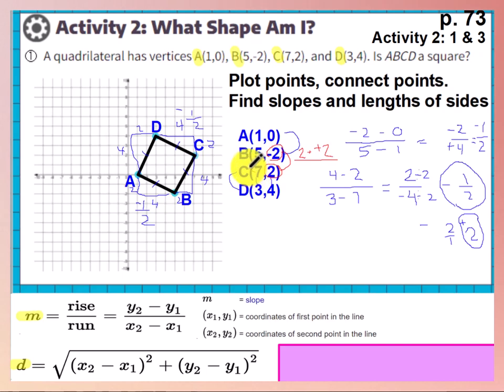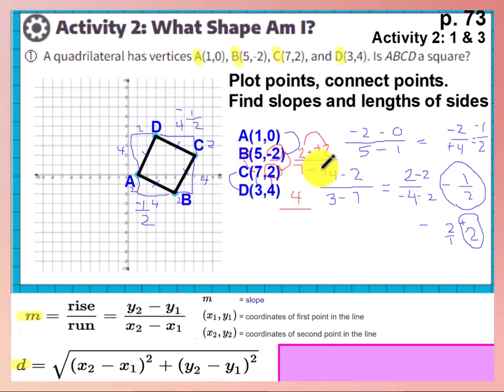Go back to the x's. 7 take away 5. All right, 2 plus 2 is 4. That's going to be my rise. And my run, we took our x values and found the difference.